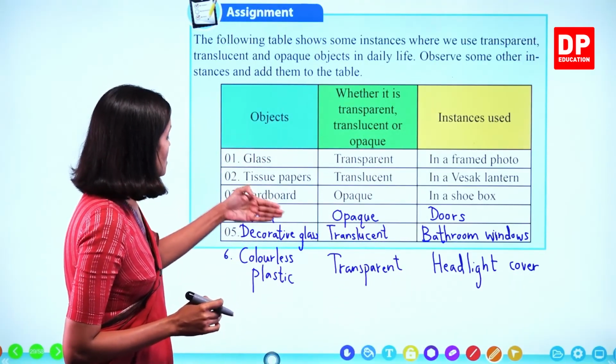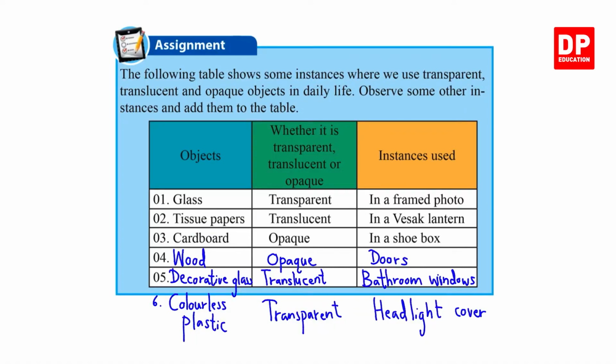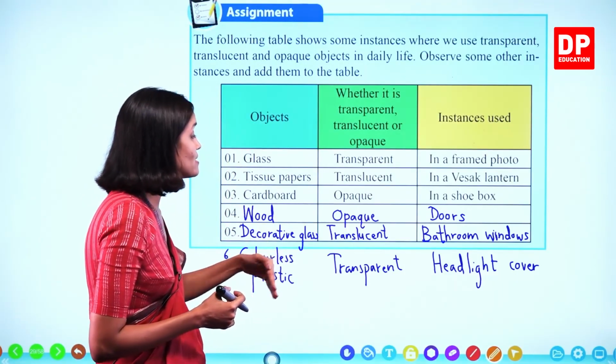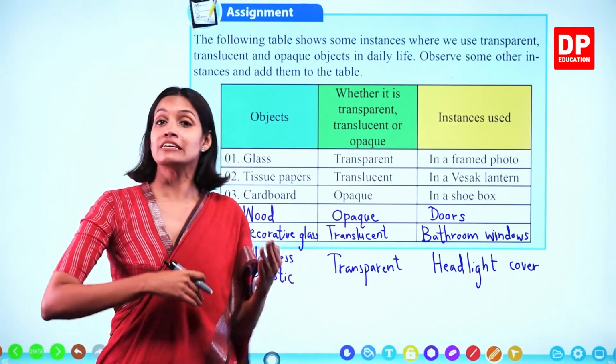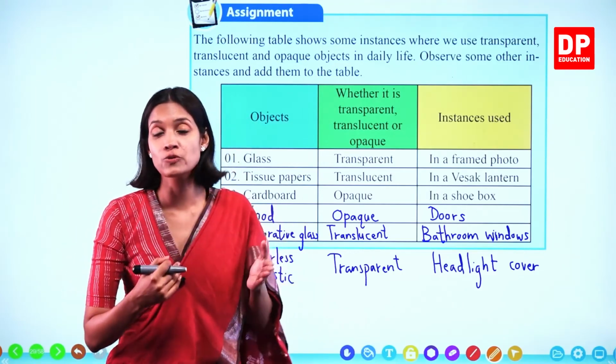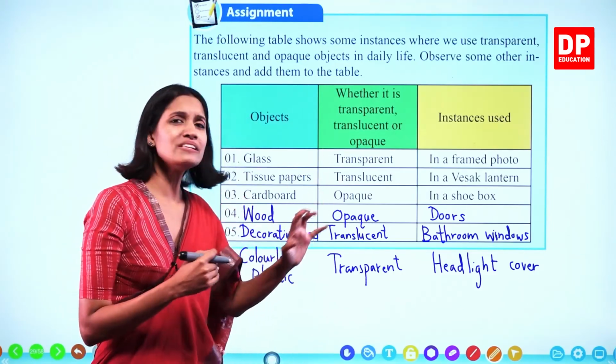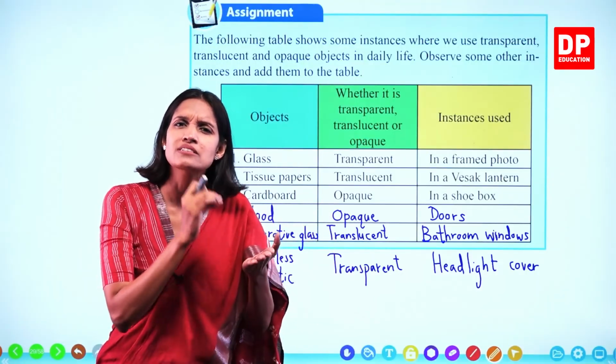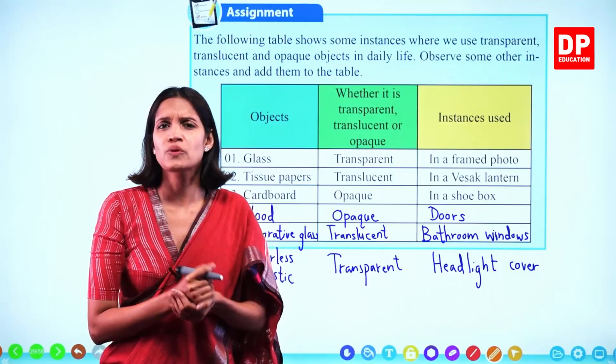So you can keep on going in this table. As I told you, try to write more and more examples, children. When you write more examples, you will check whether each material is transparent or translucent or opaque, and you will think about that, right? To make these types of objects, why is this transparent material used? What is the reason?